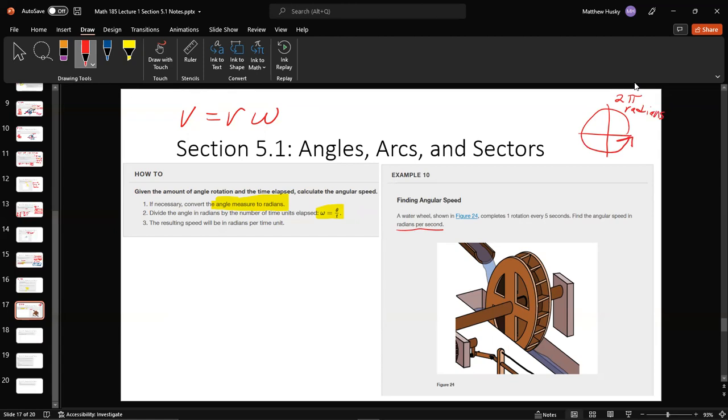So this is going to be 2 pi, and then the t is going to be 5 seconds. The angle, we already have in radians. So W, or omega, is going to be 2 pi divided by 5. So that would be the exact value.